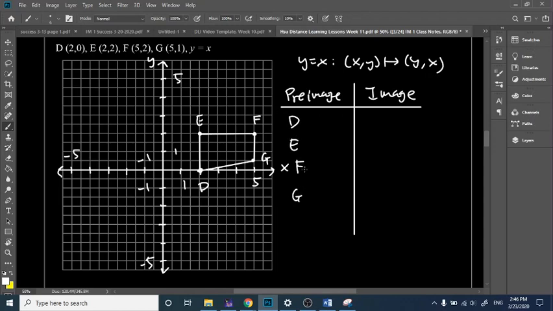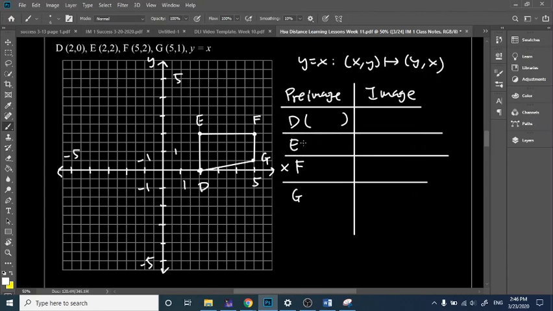This is just a really good way to organize what is going on with all those points. So that's 2, 0, 2, 2, 5, 2, 5, 1.